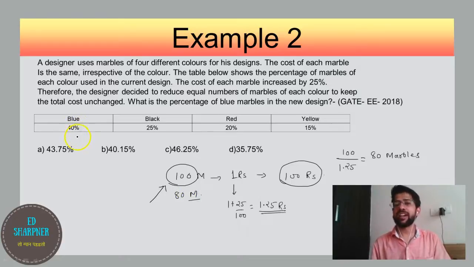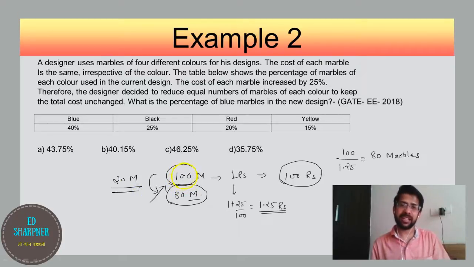So out of the 100 marbles, let us say initially I had 40 blue marbles, 25 of black, 20 of red and 15 of yellow. So I had to reduce 20 marbles in total. But as the designer reduced this number equally from each color, and there are 4 different colors, so to reduce 20 marbles I have to reduce 5 marbles from every color, right?